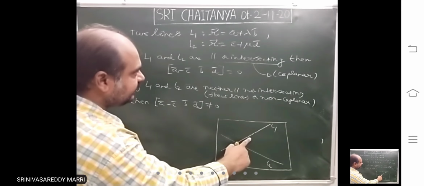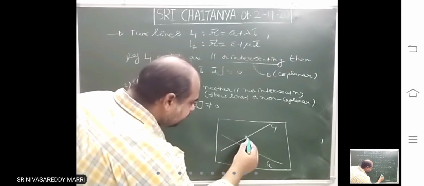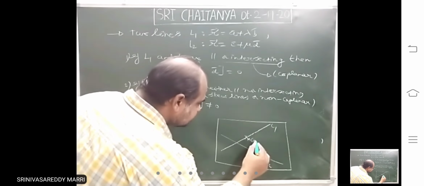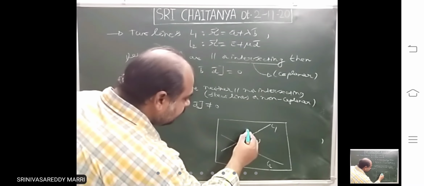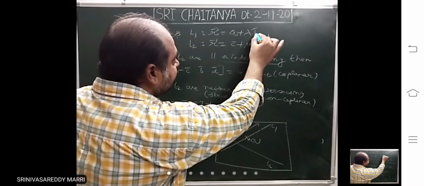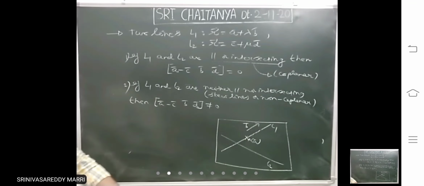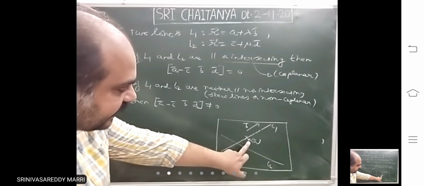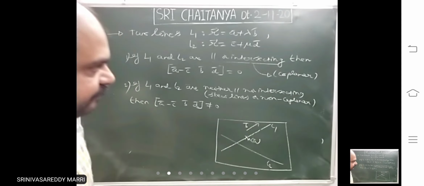What is this line? It passes through a point A whose position vector is a bar, and the line is drawn parallel to the direction vector b bar.